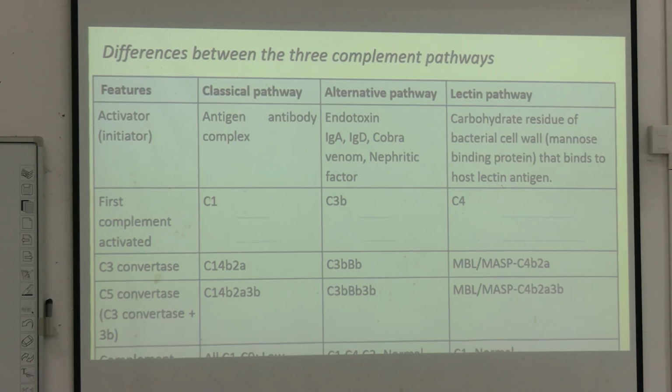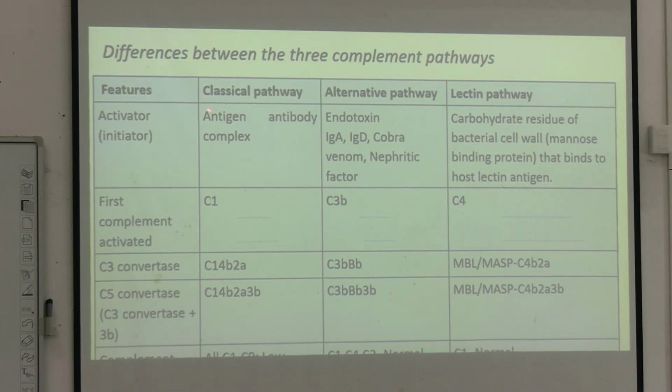Whereas the lectin pathway, I have already told you, recognizes specific carbohydrate moieties on pathogens. It could be fucose, mannose, ficolins, etc. Then the first important complement component that is activated in the classical pathway is C1, which recognizes the antigen-antibody complex. But in the alternative pathway, it is C3b, and in the lectin pathway, it is C4.